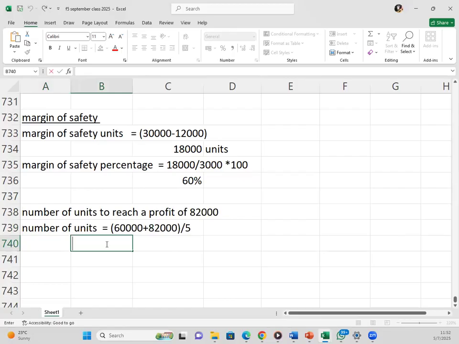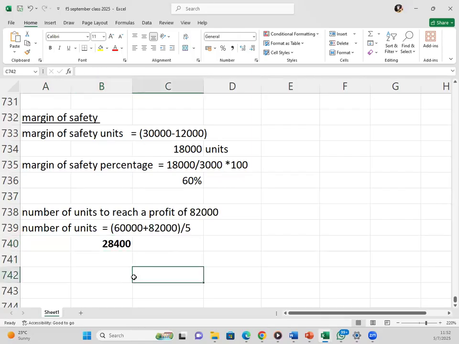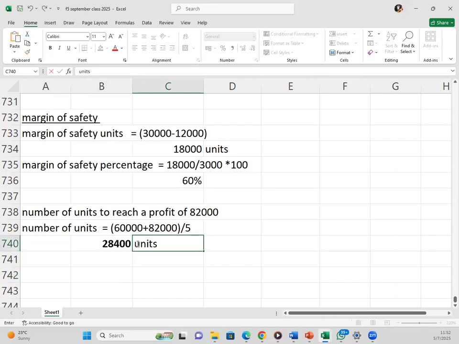So in order to reach that targeted profit, we sell 60,000 plus 82,000 divided by 5. So it means we need 28,400 units. So for a single product, it's not much of a big deal.